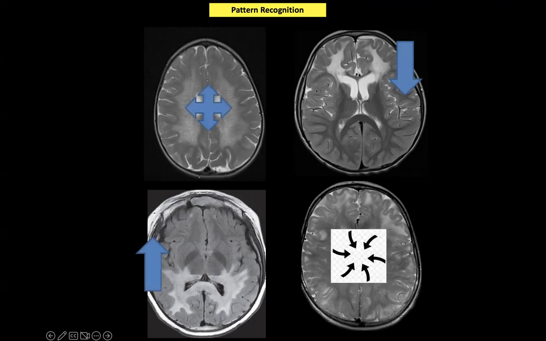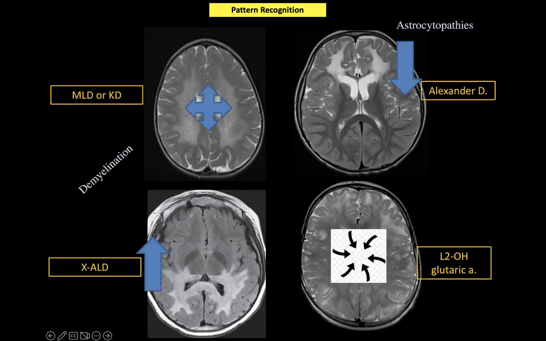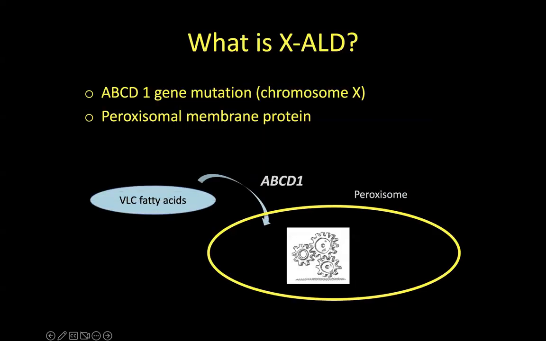So this gradient can be used for your differential diagnosis, and we have several different diseases that I will explore in a bit. Just remember the first step is: okay, I have a leukodystrophy, it's not a hypomyelination, where is it located? And going from there, I want to speak about the very important diagnosis of X-linked adrenoleukodystrophy.